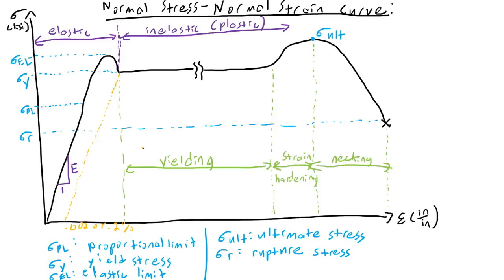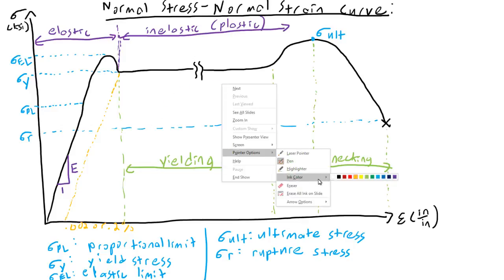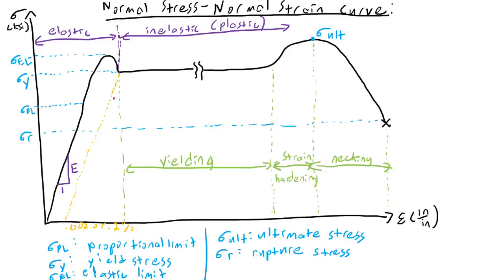I alluded to this here, but I should mention again the concept of permanent set, which is if you are in this range, you are past the point where things will spring back. If you were to release the load here, it would not go back all the way up over the curve and come down again.